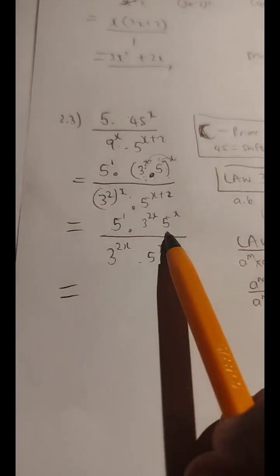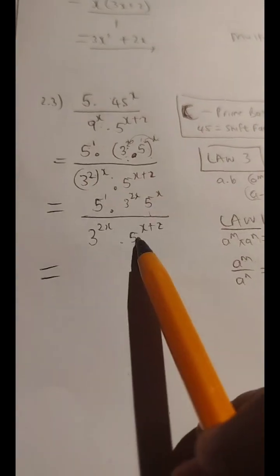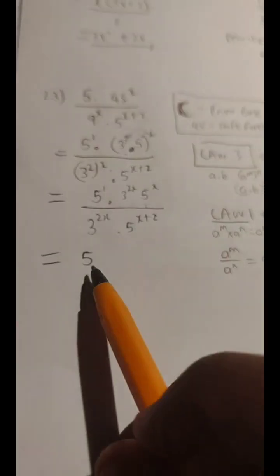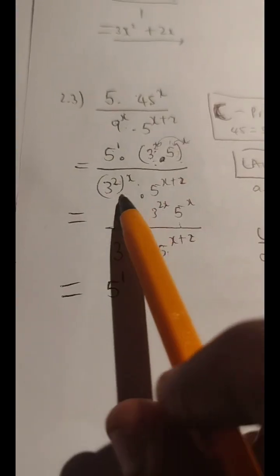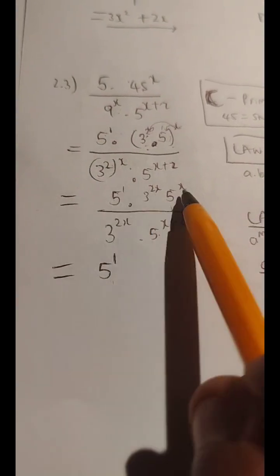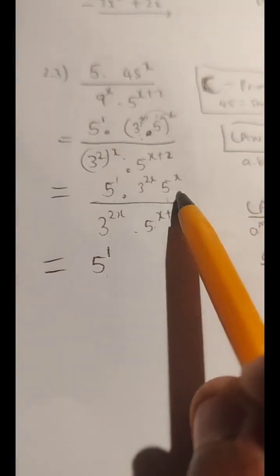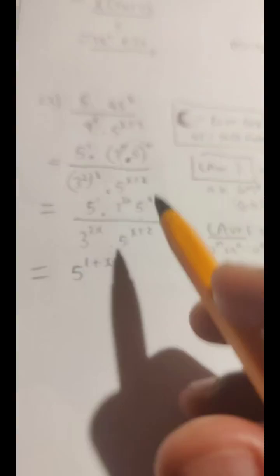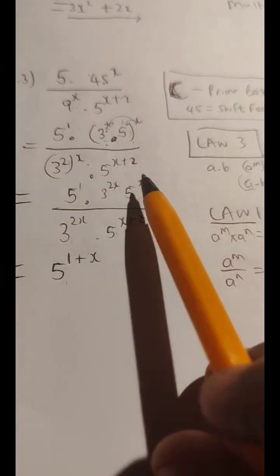So how many bases do we see? We have base 5 and we have base 3. So we are going to deal with base 5 first and say 5 to the power 1, this one that's at the top. At the top, we retain our sign. Since we are multiplying this 5 and this 5, we are retaining our signs at the top. We are adding x, retaining the sign at the top.